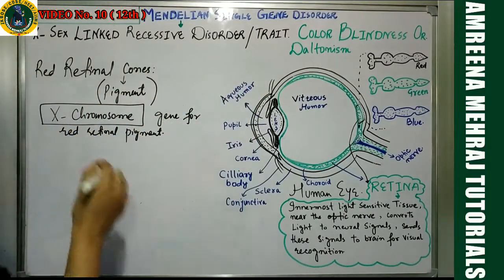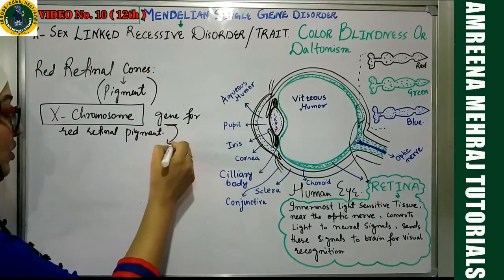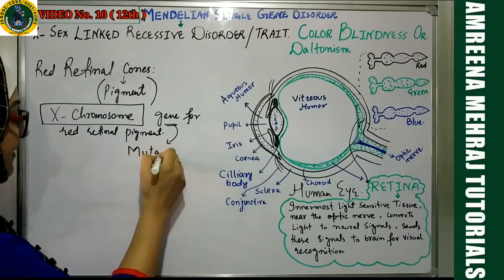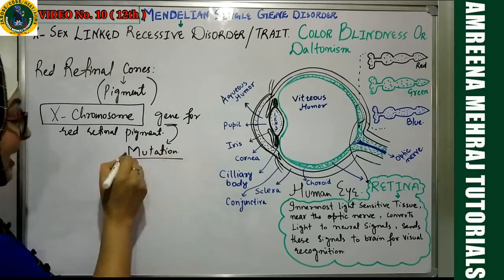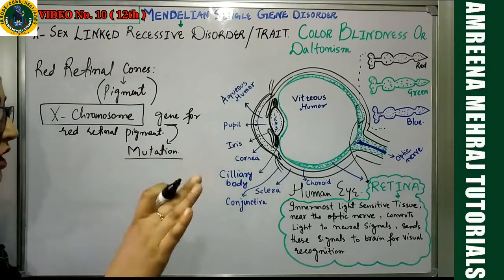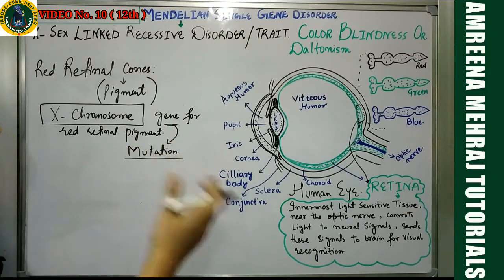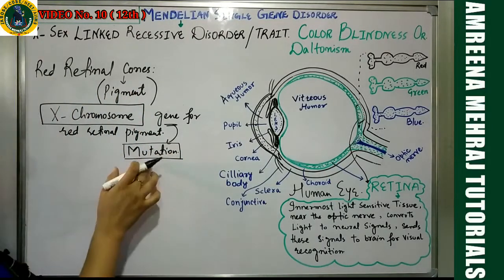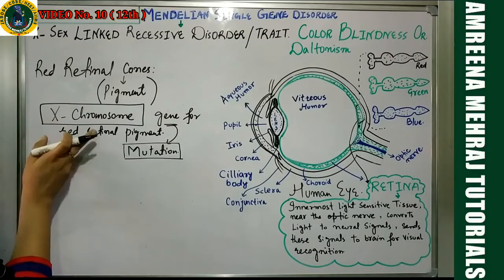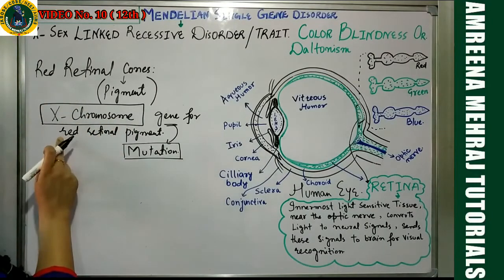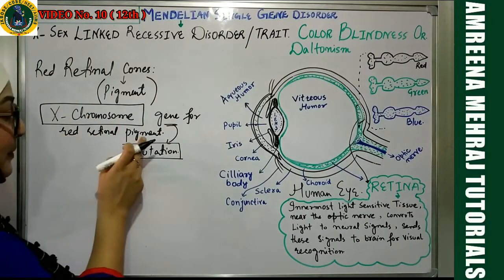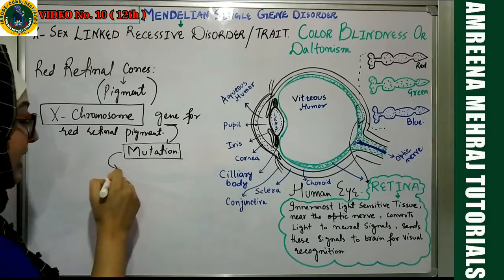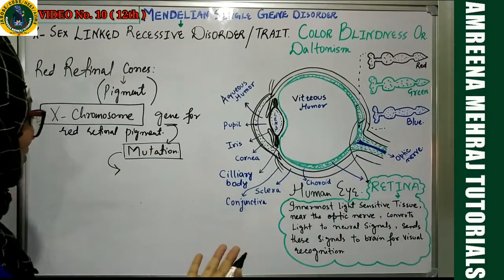But what if this gene undergoes mutation? In that condition, the person will not be able to generate this particular pigment. So, in case of mutation to the gene on X chromosome, which was coding for red retinal pigment, the individual will not be able to produce the pigment.